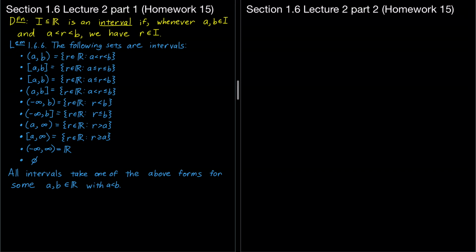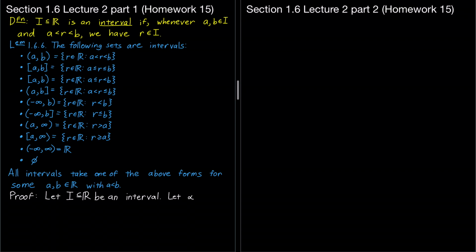Now let's see why the converse is true. So let's prove the converse. Let I be an interval in the sense of the definition written at the start of this video.